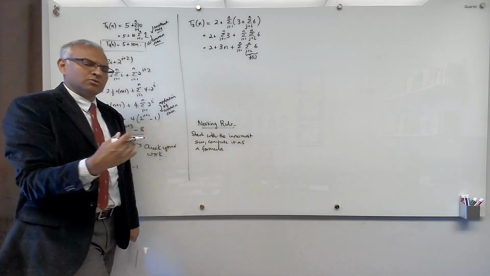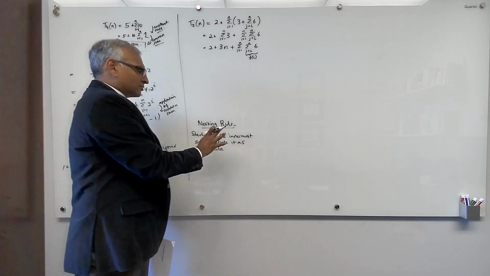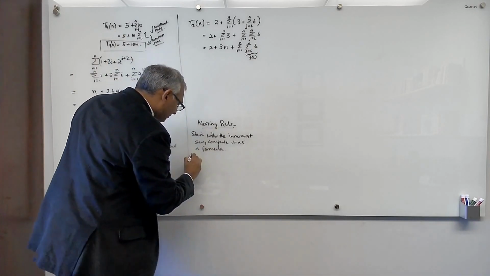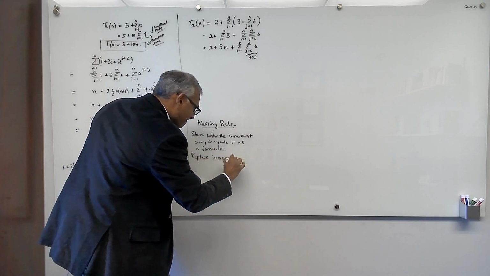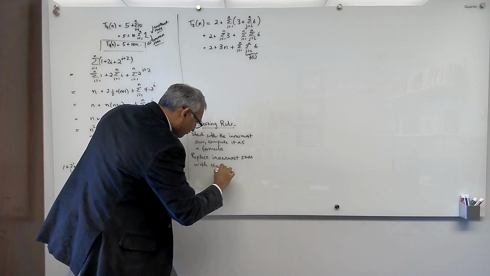It's almost like you have to do two sums. As a separate exercise, you look at this innermost sum and compute it as a formula, and then replace the innermost sum with the formula.